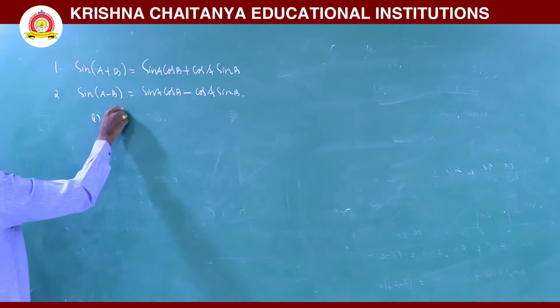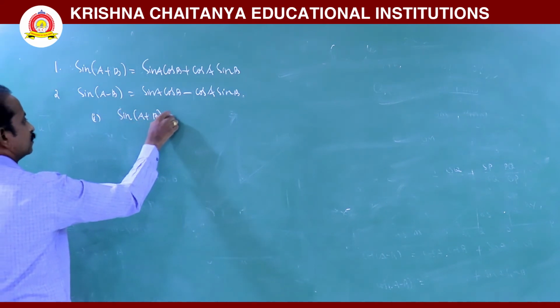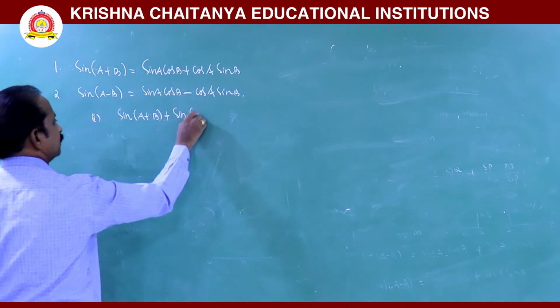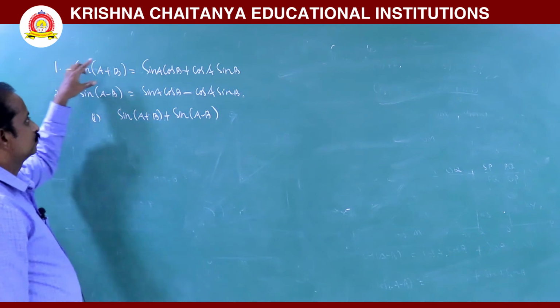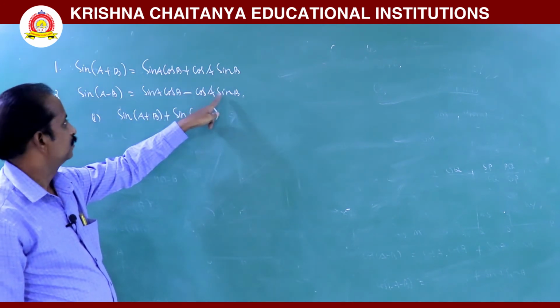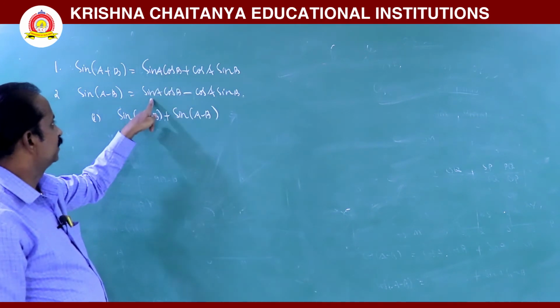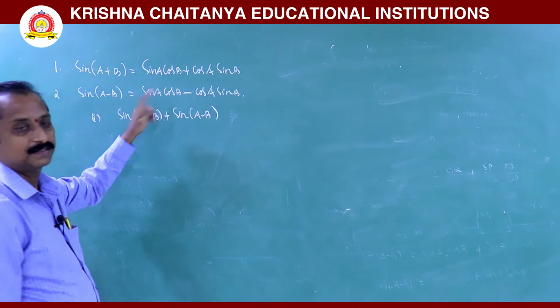First add these two: sin of a plus b plus sin of a minus b. Whenever we add these two, cos a sin b gets cancelled. Sin a cos b plus sin a cos b, they are similar. So 2 sin a cos b.